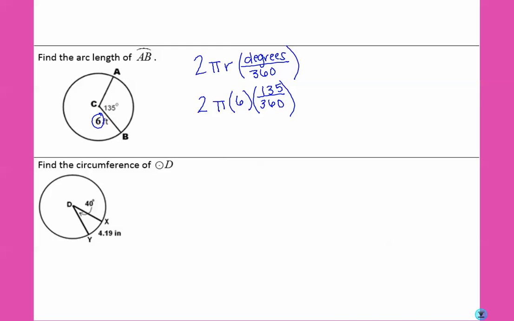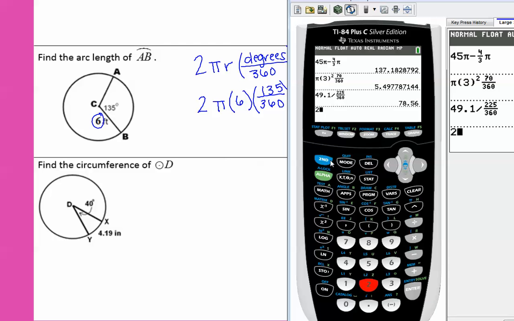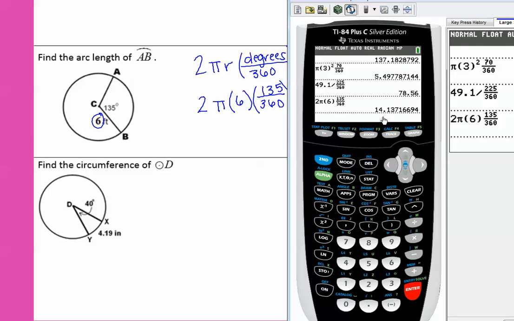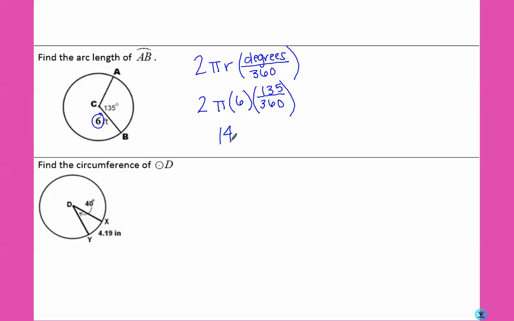Put it in our calculator: 2 pi times 6 times 135 over 360. And then we get the arc is 14.14, and we're measuring in feet.